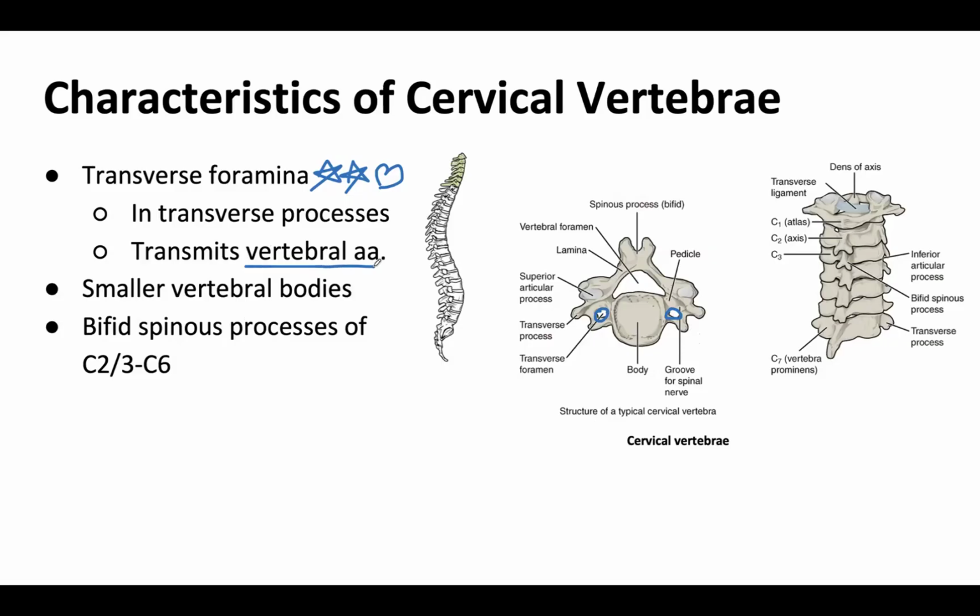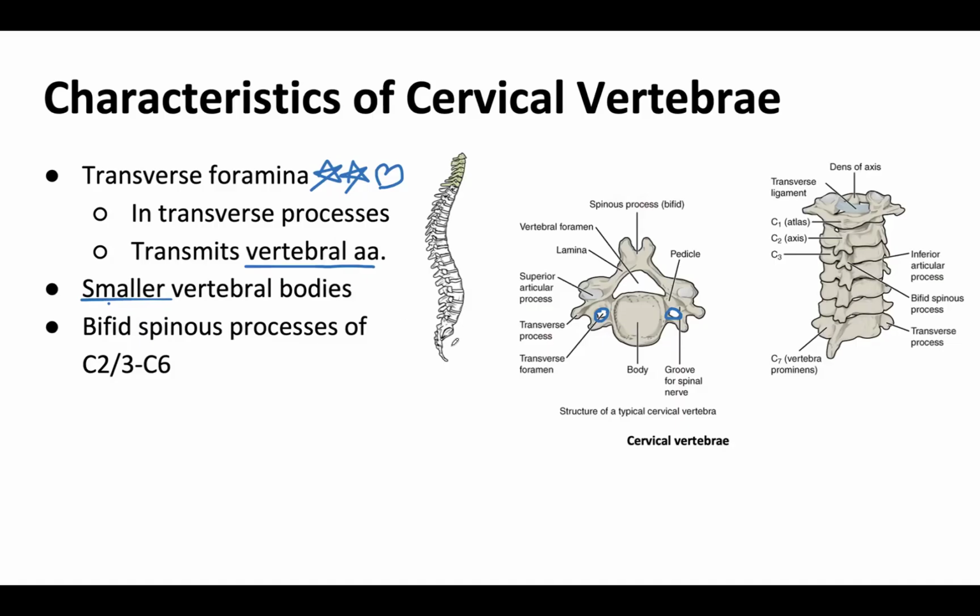So these vertebral arteries are one of the major arterial supplies to the brain. So very important arteries that are well protected by the cervical vertebrae in their ascent towards the brain. Due to their overall smaller size, the cervical vertebrae have relatively smaller vertebral bodies.